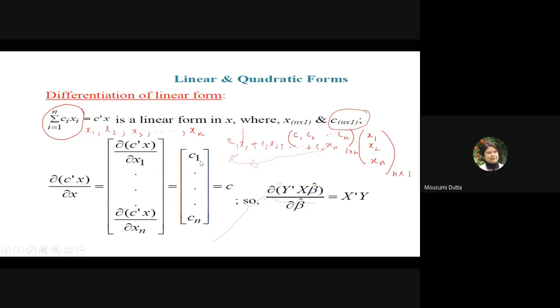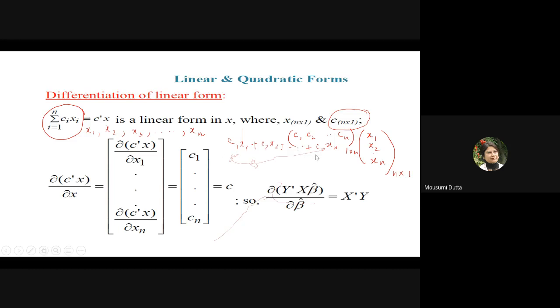The element we will get is c1. Next, if I take the derivative with respect to x2, we will get c2. If I take the derivative with respect to xn, we will get cn. So once I check this column, it is simply c, not c transpose.